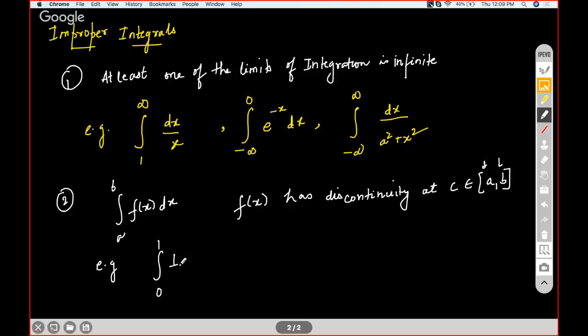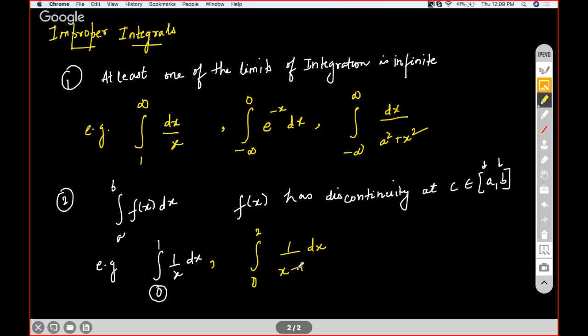For example, this function is not defined at 0, so this is an example of the second type of improper integral. Or something like the integral from 0 to 2 of 1 by x minus 1. You know that at 1 it is not defined.